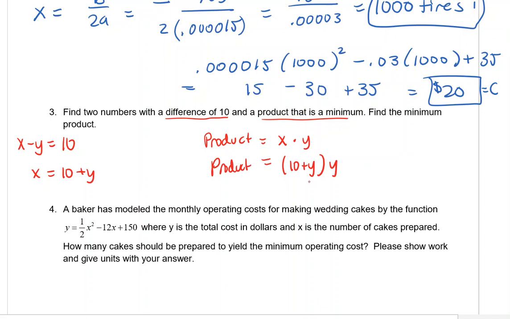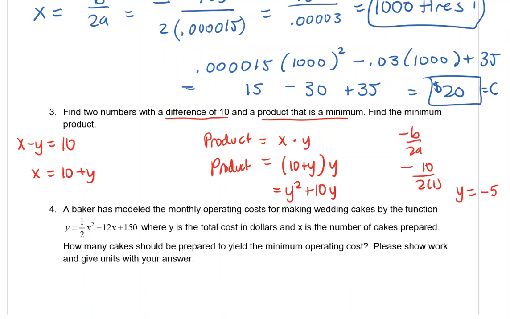So I want to minimize this. This is y squared plus 10y. And I'm going to do negative b over 2a: negative 10 over 2 times 1. And I get y is equal to negative 5.